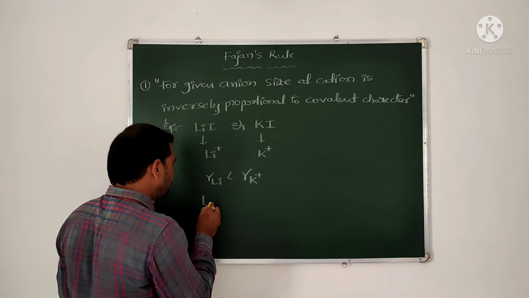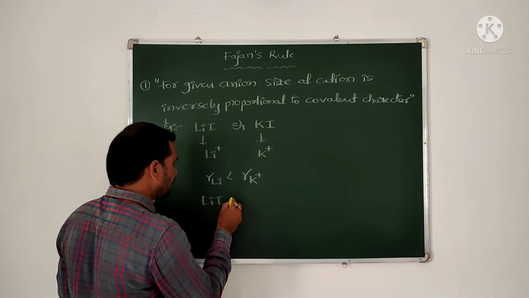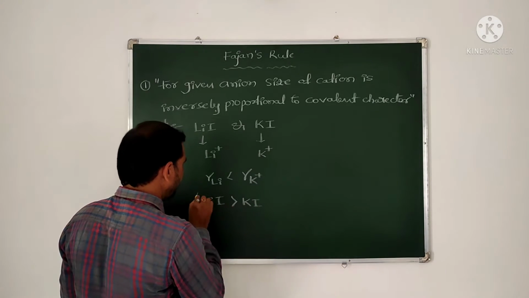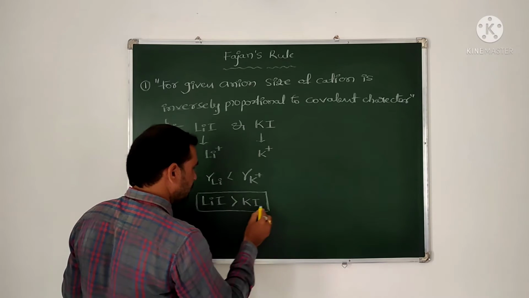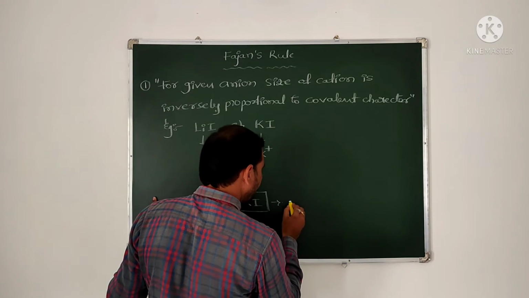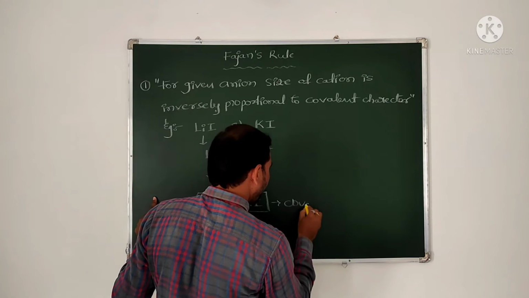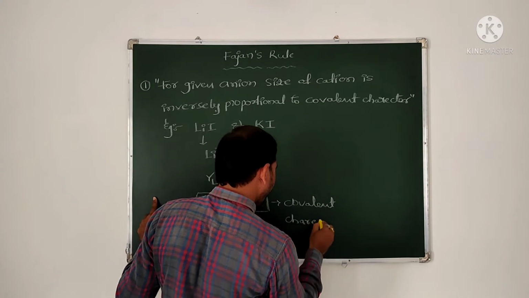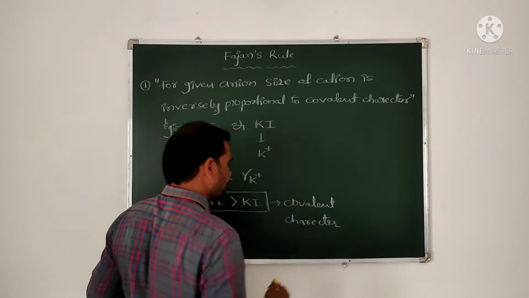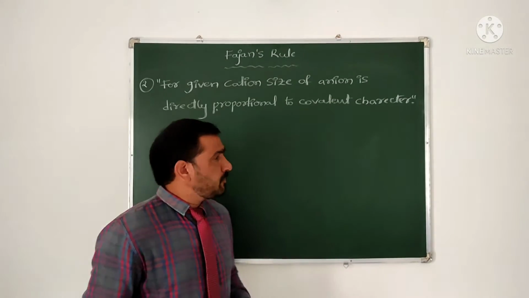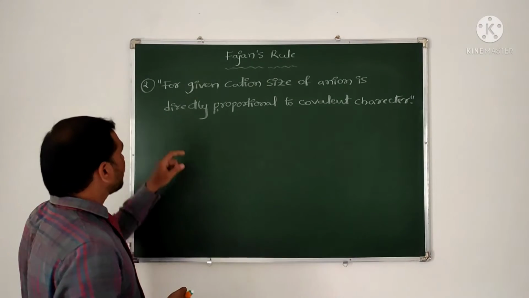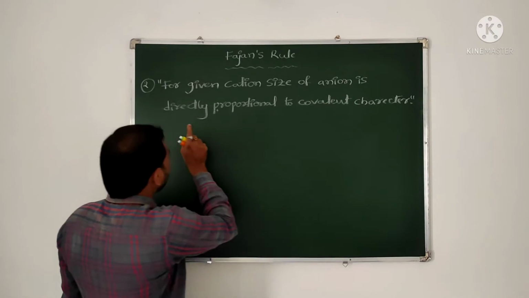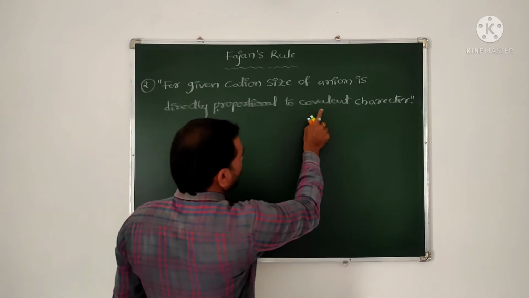Therefore, lithium iodide has more covalent character than potassium iodide. This is the order of covalent character.